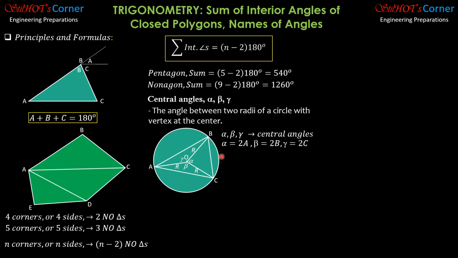So alpha is twice angle A, beta is twice angle B, and gamma is twice angle C. The proof of this will be deferred until we reach an important concept, properties of circles and triangles. I will prove that.